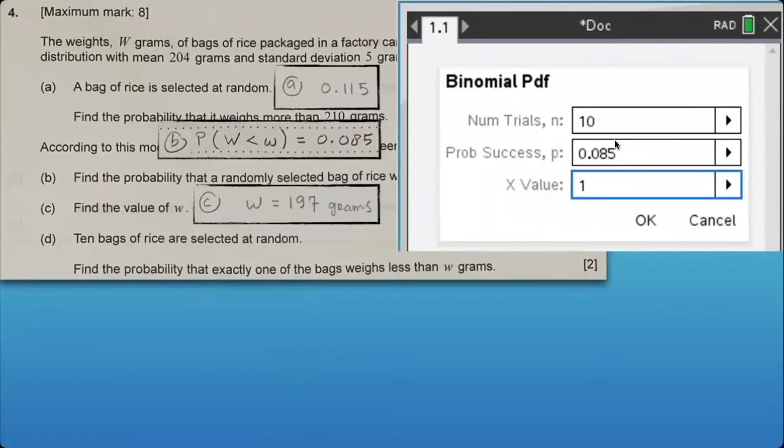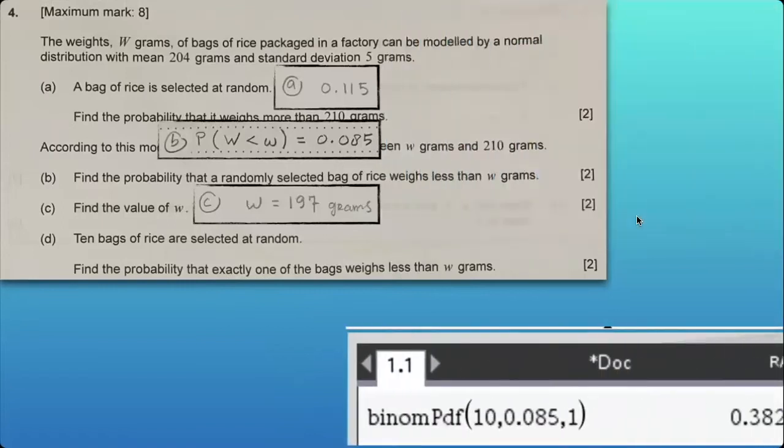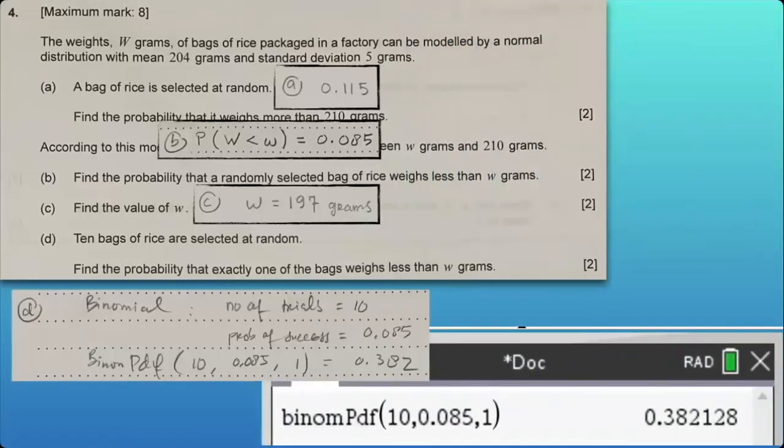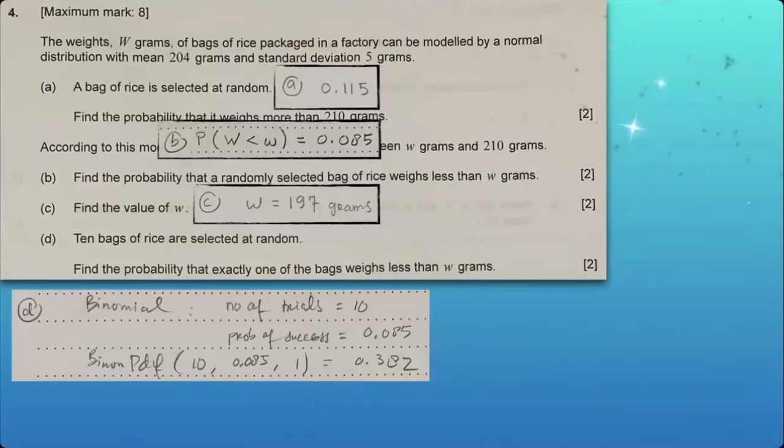The probability of success in this case, when the bag weighs less than W grams, is 0.085, and exactly one of the bags, so X value is 1. And then you click OK. Then you get the answer. So there you go.